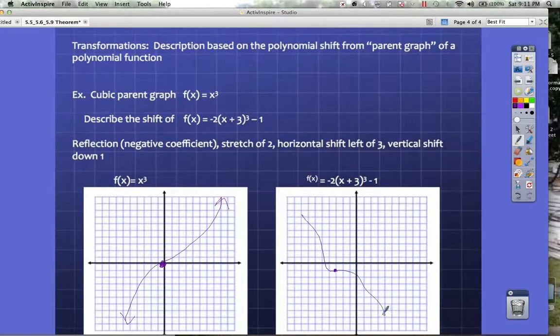More like that. A little bit sharper than that. Shift over 3, down 1, there's my dot. There you go. Similar to that.